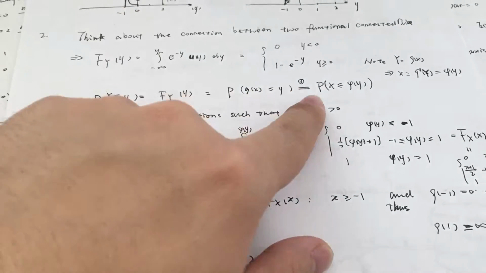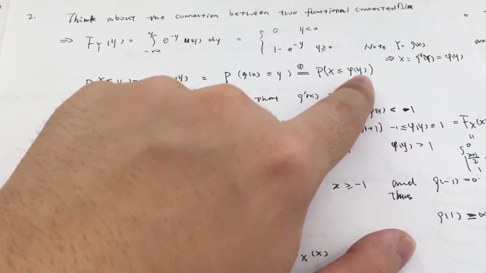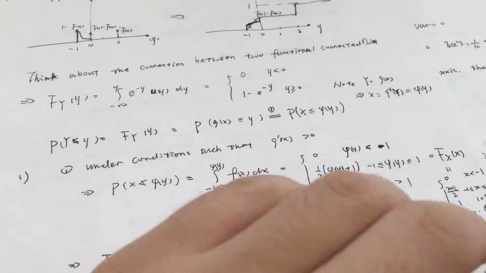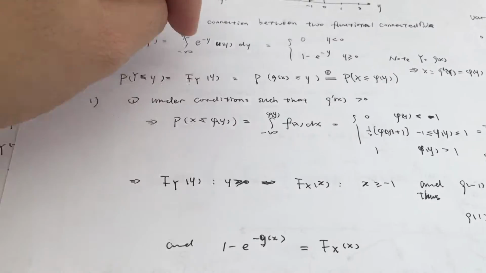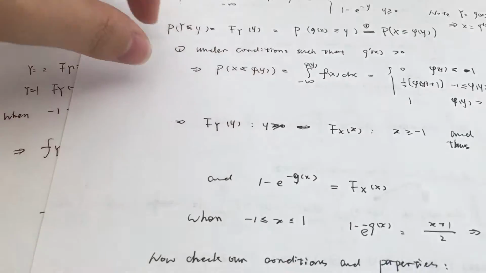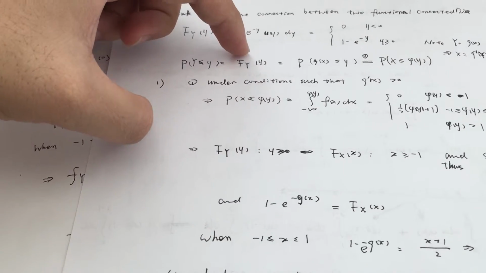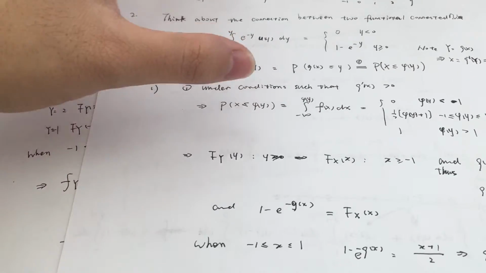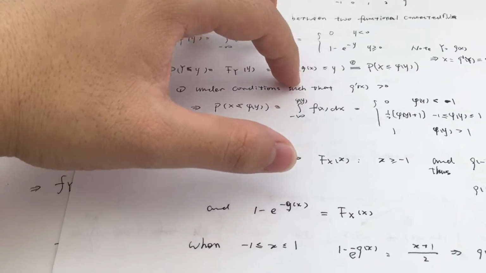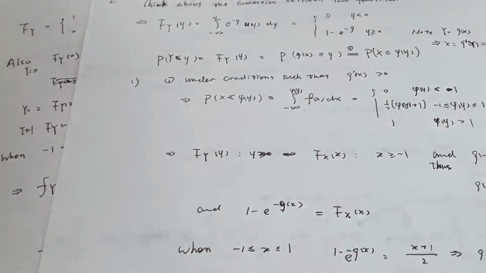Here we say that X is less than phi(y), which gives us a condition that g(x) is continuously rising. Because g(x) is rising, x is mapped to g(x), and y is mapped to phi(y).